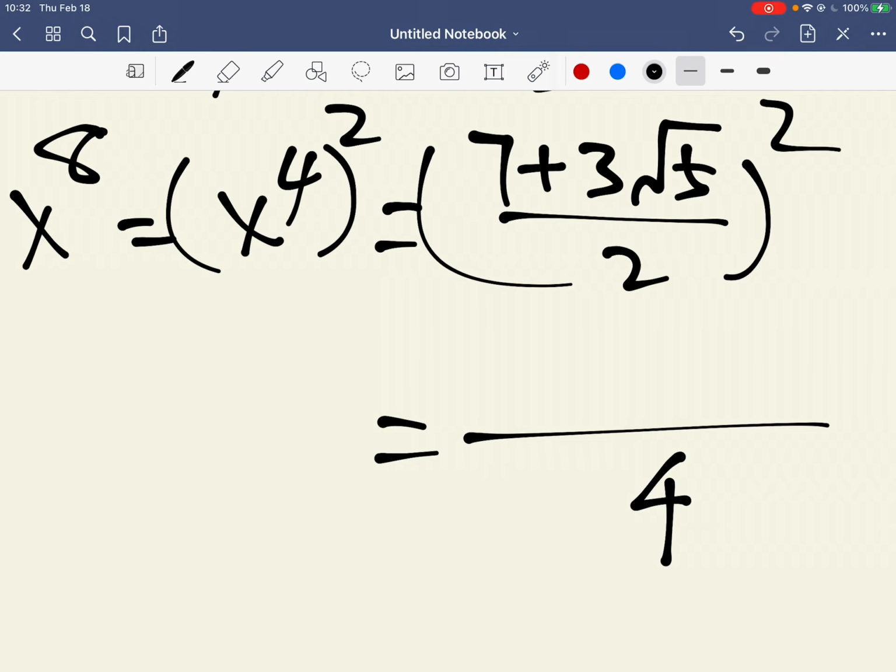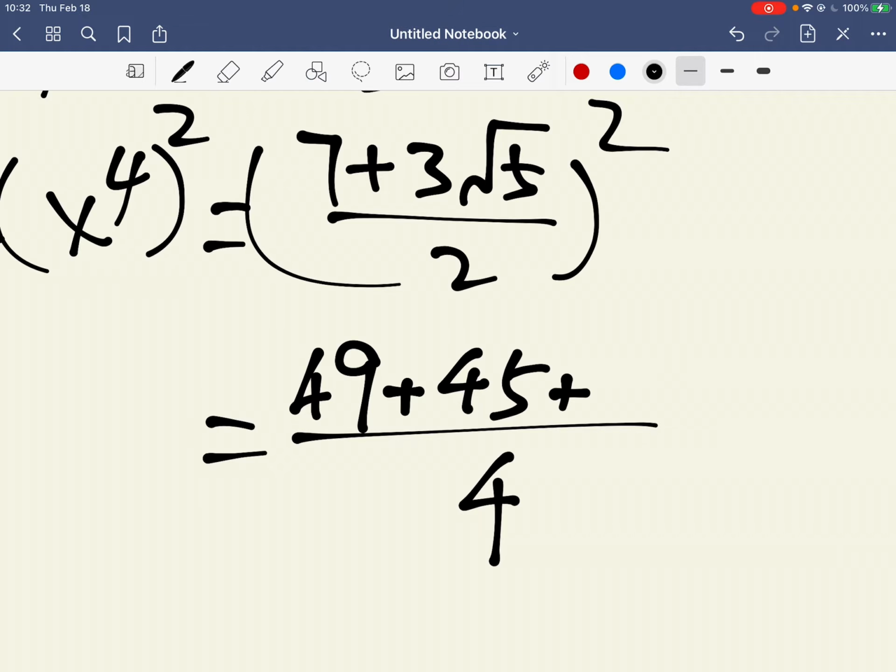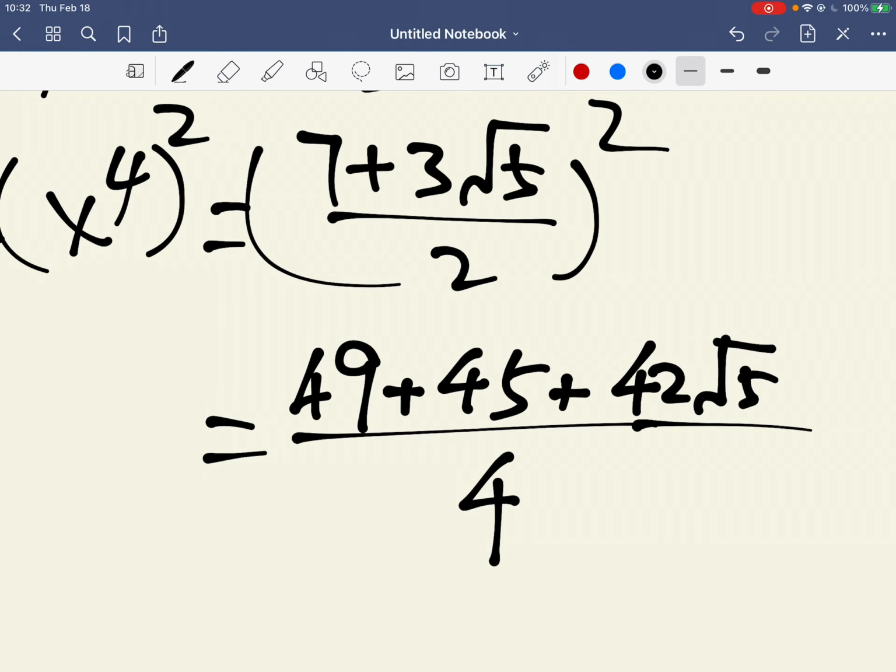The denominator is 4, and the numerator is 49, plus 3 root 5 squared, which is 9 times 5, which is 45, and the middle term would be 42 root 5, which is 7 times 3 times 2.